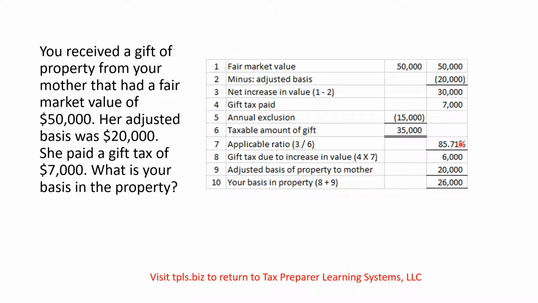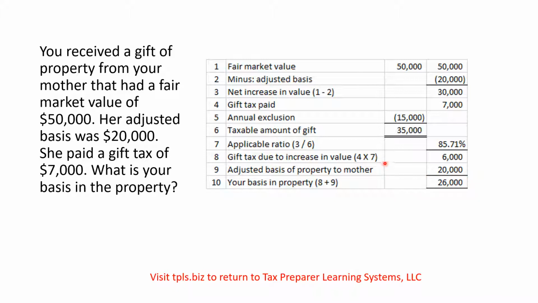We then take the 85.71%, multiply it against the gift tax paid, and we come up with a gift tax due to increase in value of $6,000. Take that $6,000, add it to the mother's adjusted basis, and now our basis is $26,000.